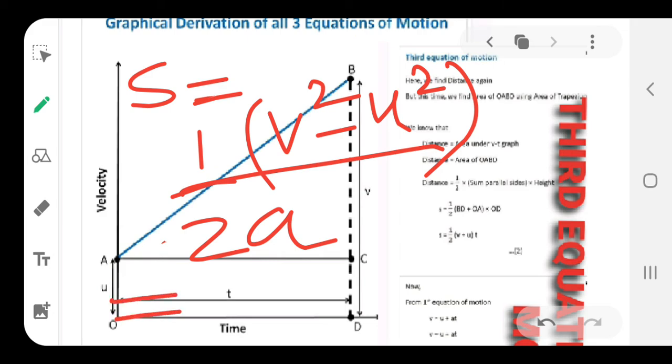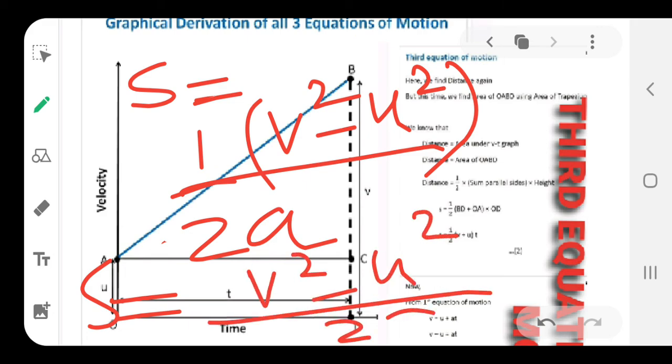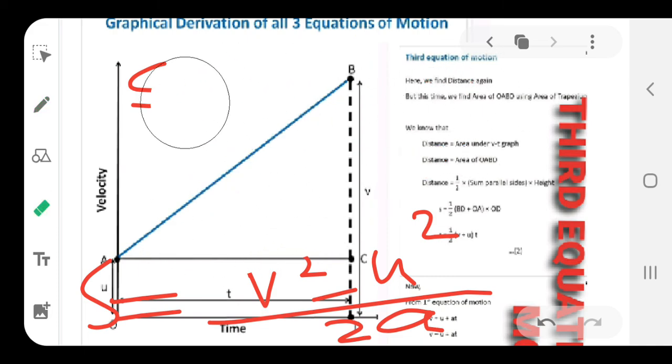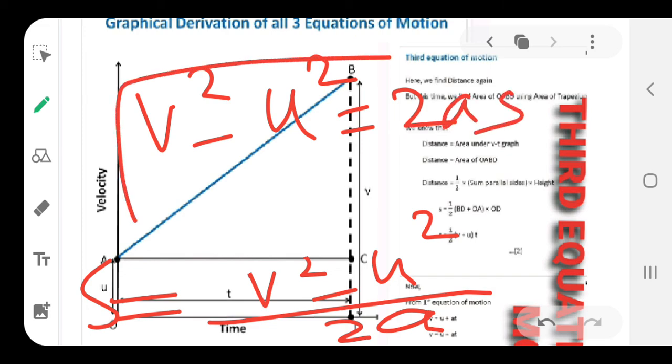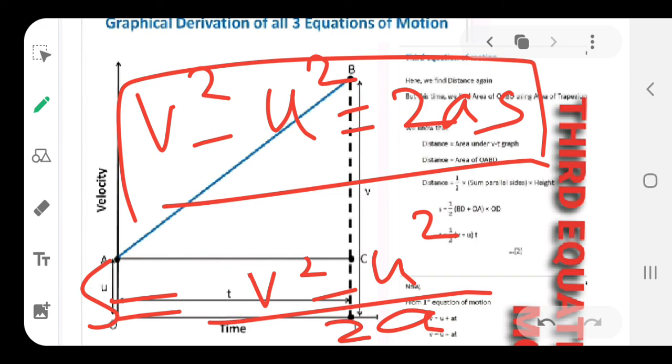So you get s equals to v square minus u square over 2a. Now just transport the denominator on the other side and you get the result. The result is v square minus u square equals to 2as. Now, this is equation number 3.